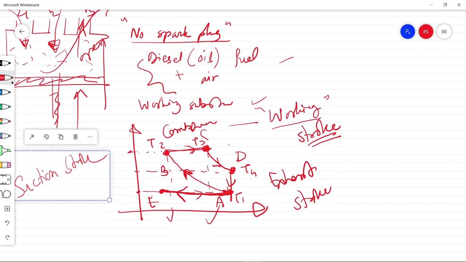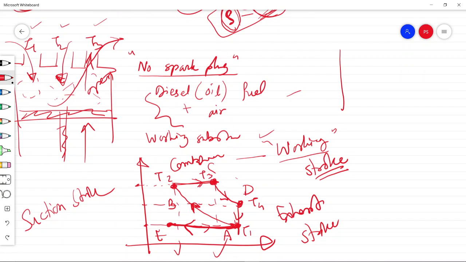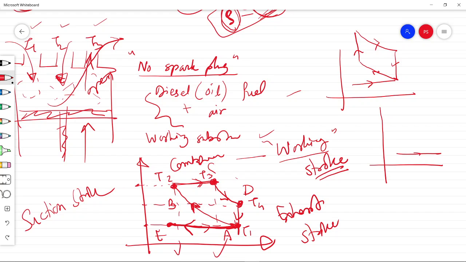So if we compare the PV diagrams, we get to see the difference. In case of the petrol engine, the PV diagram was like this. In case of a diesel engine, the PV diagram is like this.